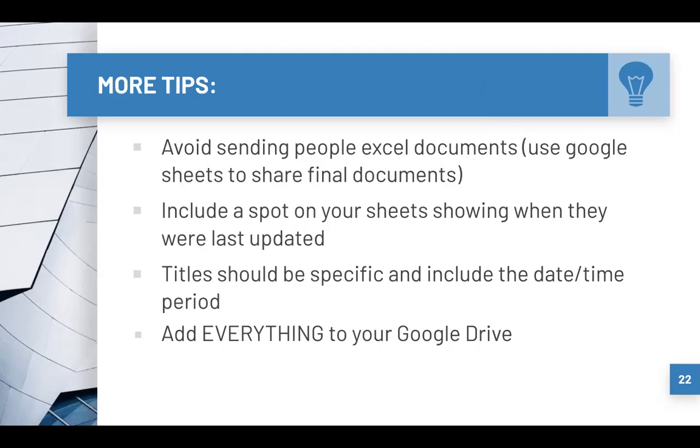You want to include a spot on your documents showing when they were last updated, so that if it was last updated a month ago, but you haven't done anything in 2 months, you know that someone had edited something. Your title should be specific, include the date, time, and period, so that if someone on the outside were to look at it, they know exactly what they're looking at and when something happened.